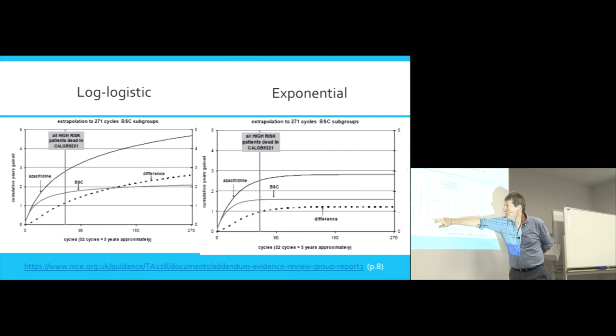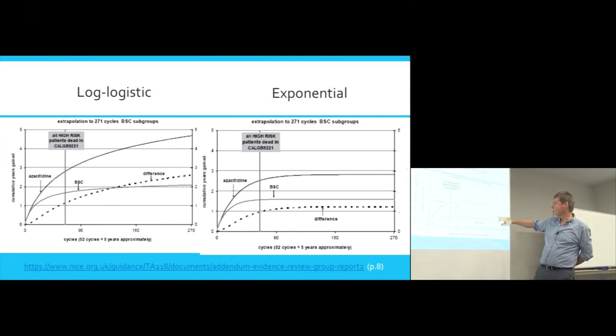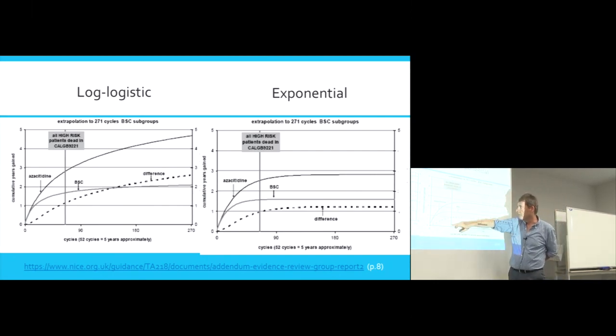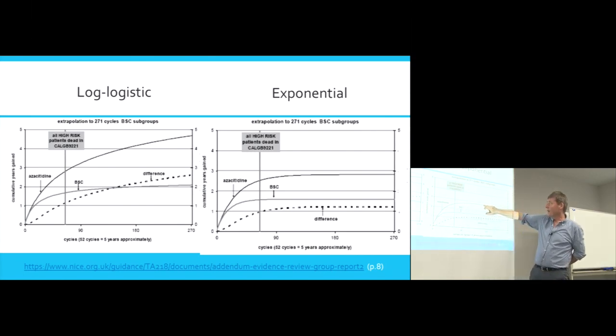Again, we've got a best supportive care, leveling out, if anything, a bit earlier than in the log-logistic model. And the azacitidine is also beginning to level out maybe about 10 years.